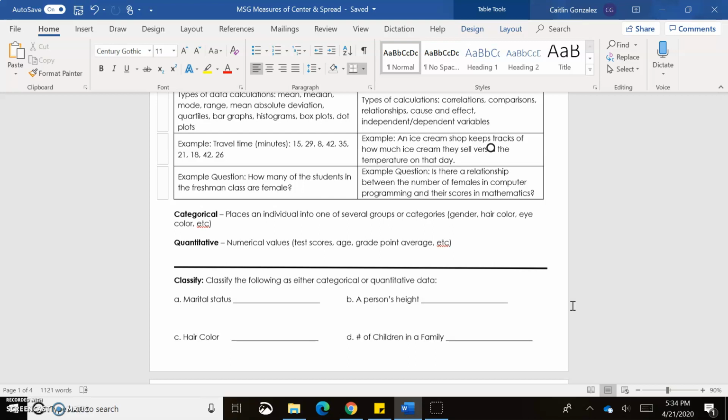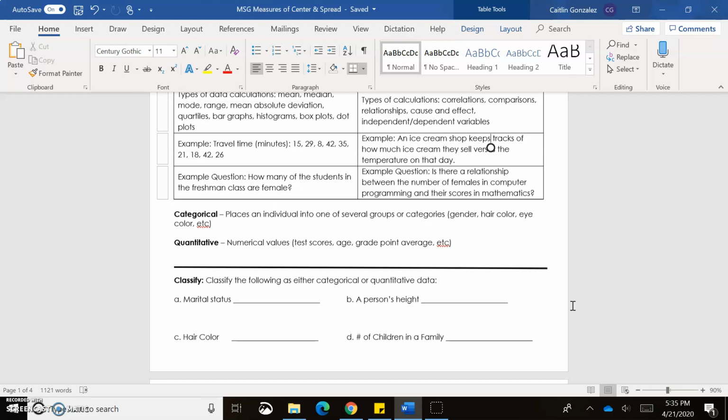So if I'm collecting data on the shirt color of people in a classroom, that would be categorical. Quantitative data, think quantity, those are going to be numerical values like test scores, age, grade point average. Those are going to be things we can actually find the mean of or find the median of, whereas with categorical, it's more like a category.